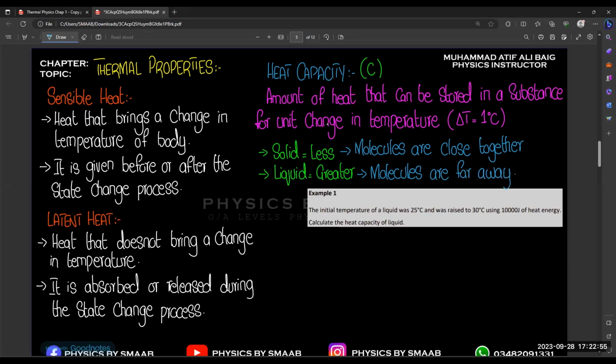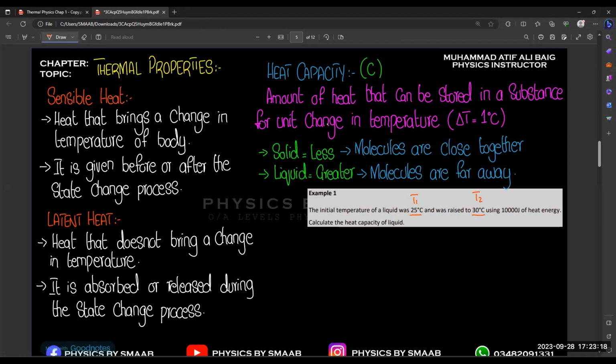Okay, and there is a very simple question. In the question, it is mentioned that the initial temperature of a liquid was 25 degrees Celsius. So this is our initial temperature, and then this temperature increases to 30 degrees Celsius, right?